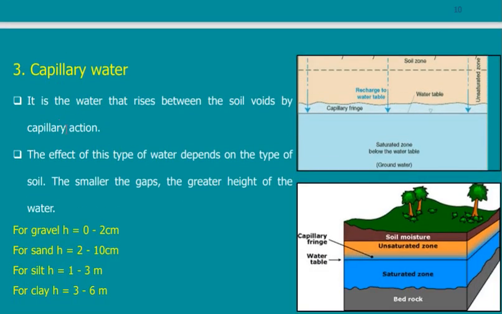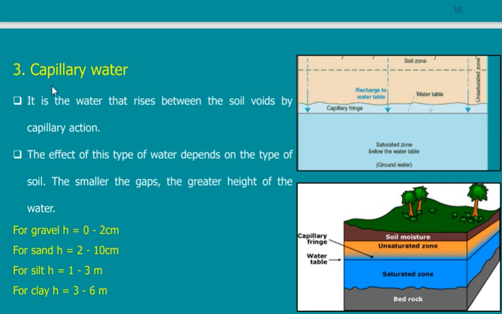The third type is called capillary water. So now we have water below the water table. This is free water. Water that is bound to any particle, whether above or below groundwater, it cannot move. So this is another type.